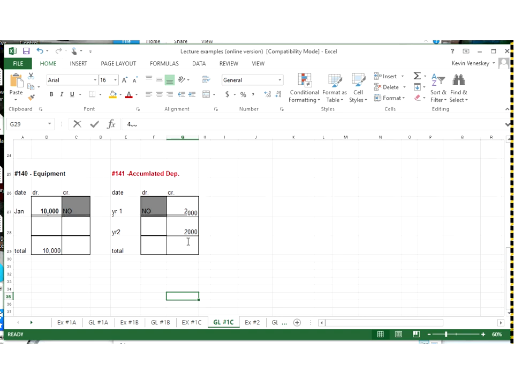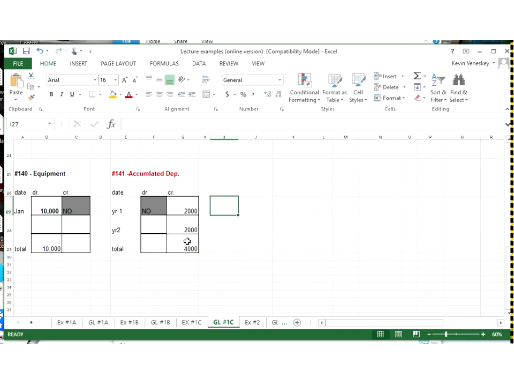And the reason why these two are put together is at any point, I may want to know what's the book value of my asset. The book value is simply the cost of your original equipment minus how much you've depreciated in total. So the book value is your cost minus your accumulated depreciation. So in this case, after 2 years, my equipment is only worth on my books $6,000.